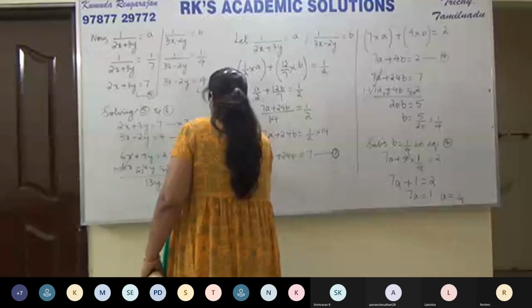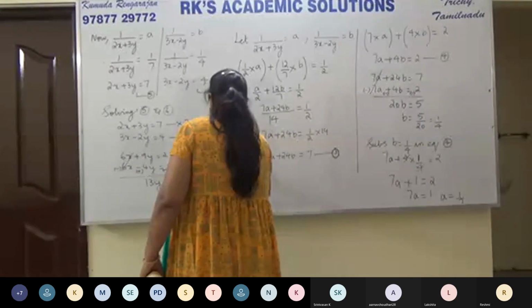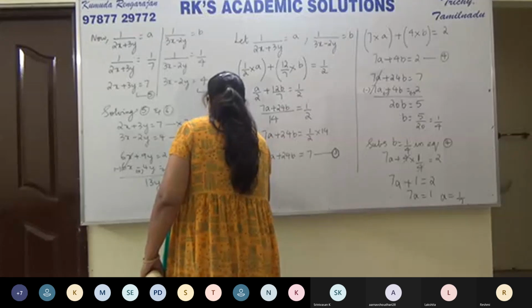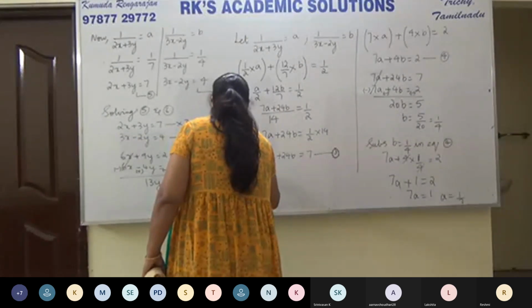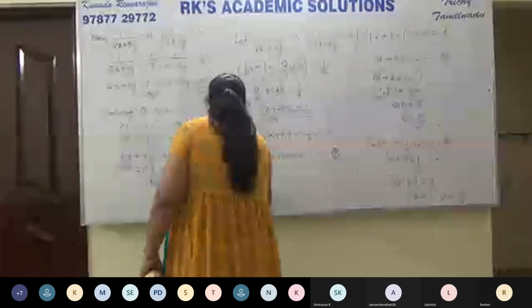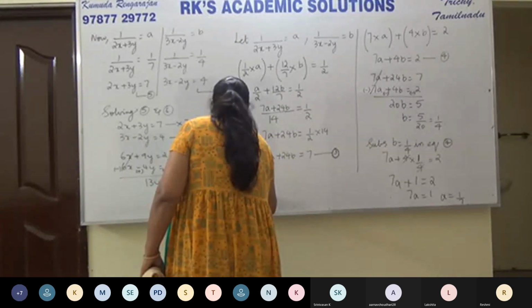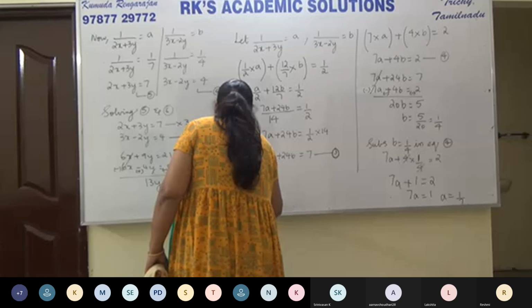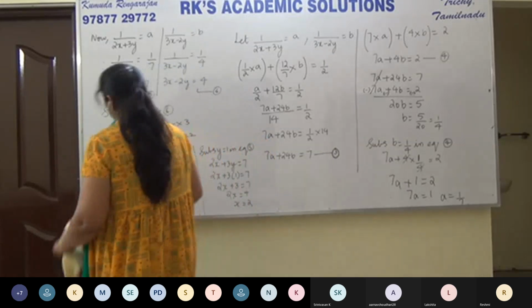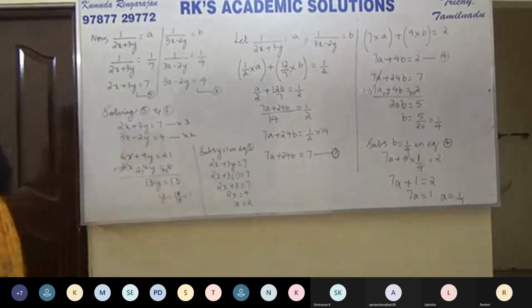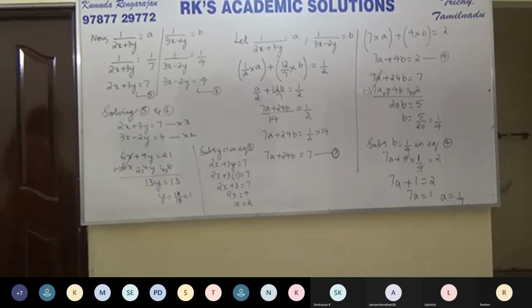In equation 5, we have 2x plus 3y is equal to 7. So 2x plus 3 into 1 is equal to 7. 2x plus 3 is equal to 7. 2x is equal to 4. x is equal to 4 by 2, x is 2. So these are the values of x and y: x is equal to 2, y is equal to 1.